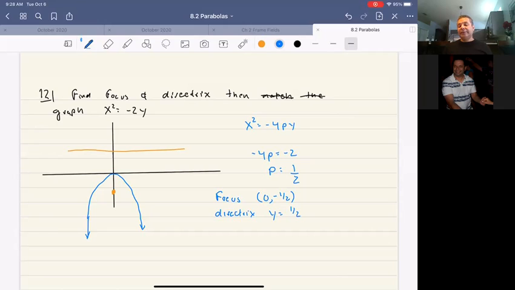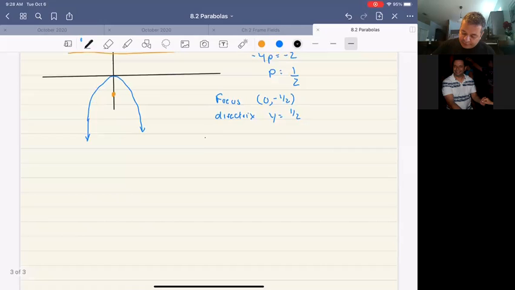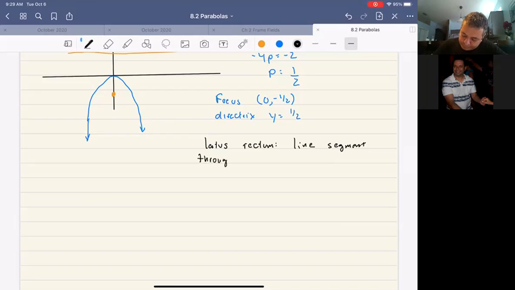Now there's another thing we can do: we're going to find what's called the latus rectum. The latus rectum is a line segment through the focus parallel to the directrix.